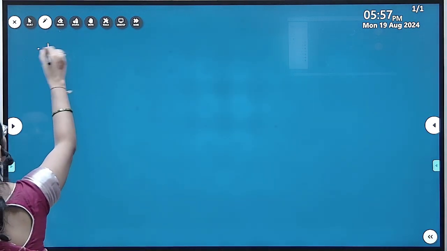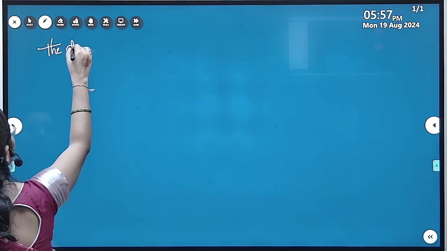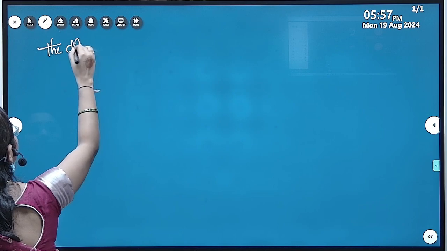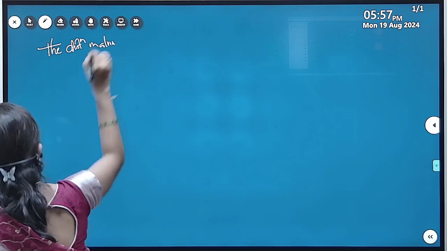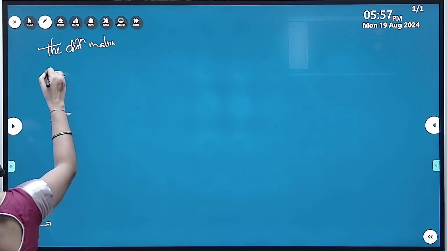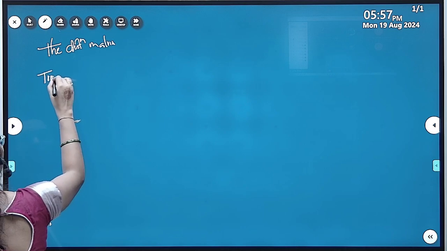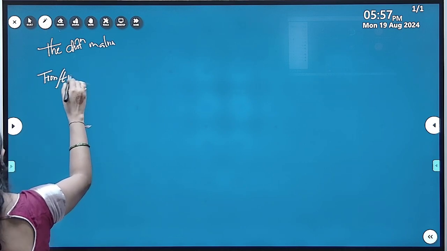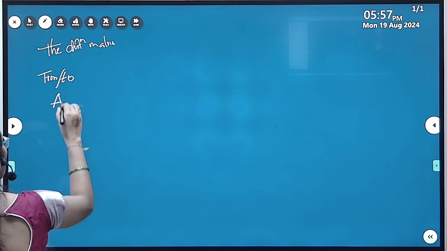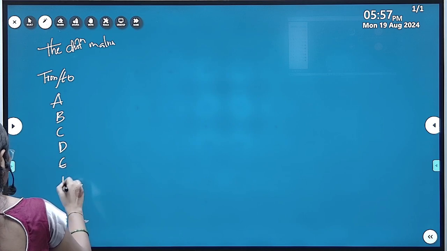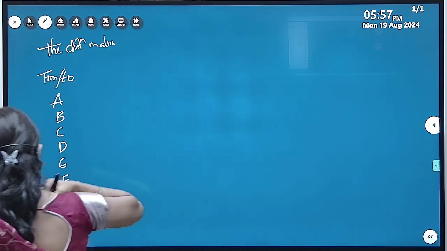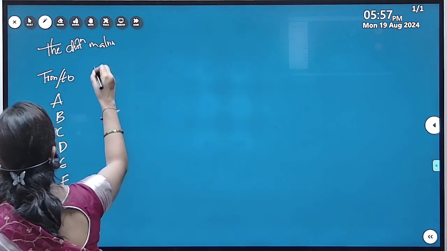So the distance matrix, from and to. What are the departments? A, B, C, D, E and F. So what are the layouts?